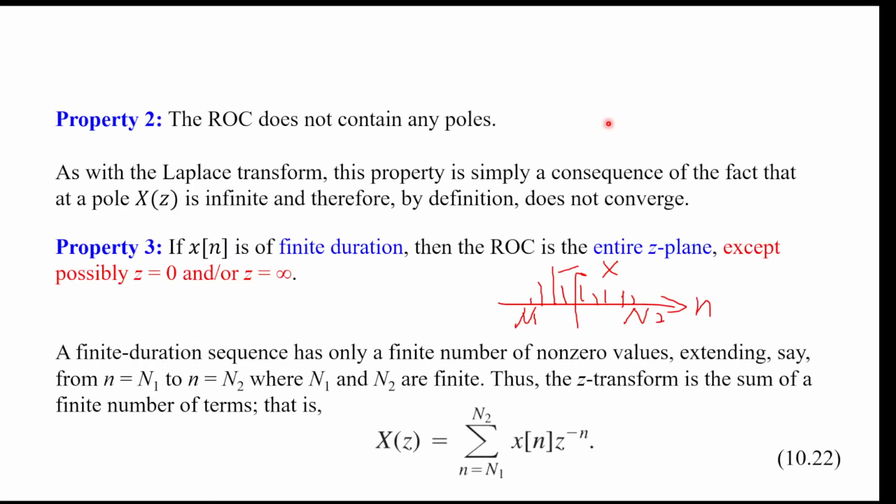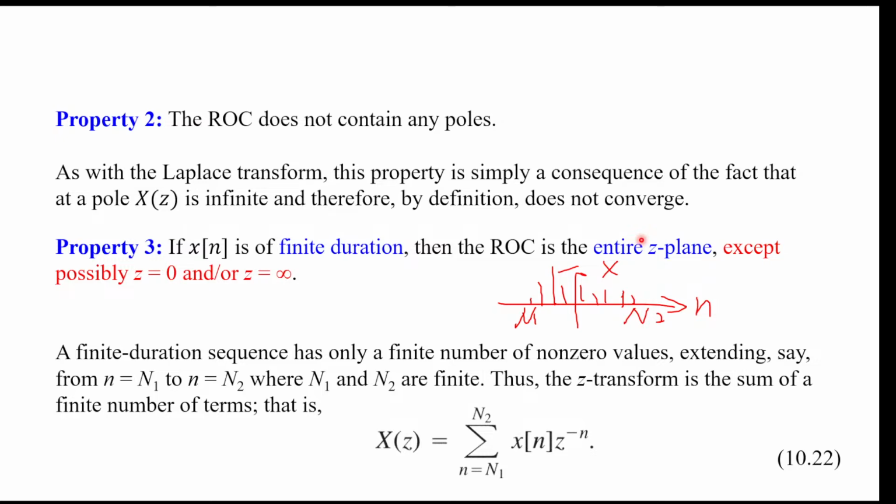And property 2 is exactly the same as in the Laplace transform. It says the ROC does not contain any pole, and I think this is very obvious because at the poles your X of z goes to infinity, and by definition it is not convergent. Now property 3 is a bit different.